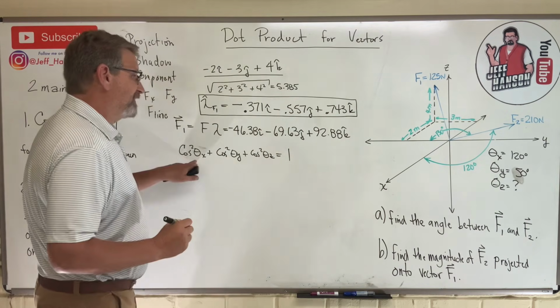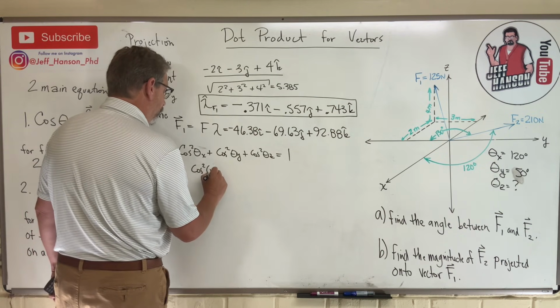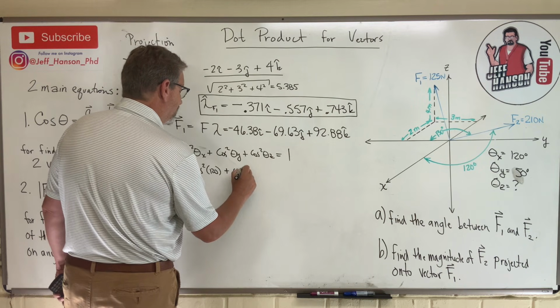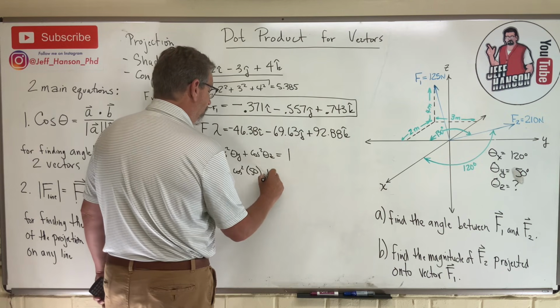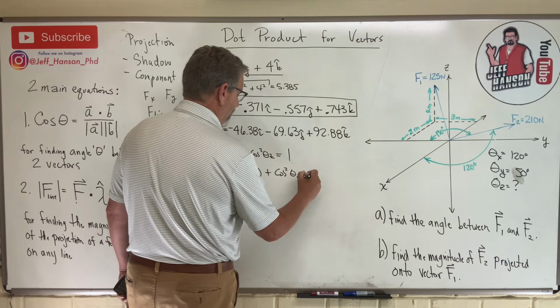So we know this guy. That would be cosine squared of 120, plus cosine squared of 50, I know that guy, plus cosine squared theta z, don't know that guy, equals 1.